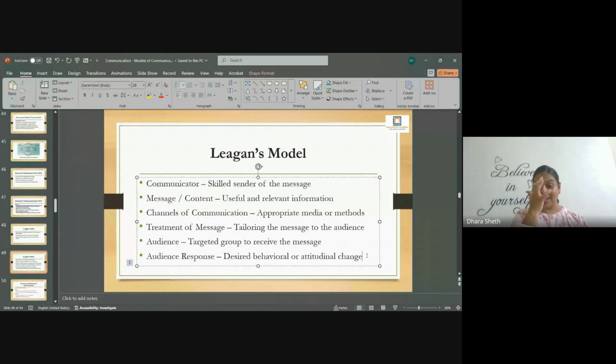All of these are transactional models where communication happens both ways. Let's say workshops could be considered as an example of this, because we are talking about adult education. So adult workshops, like this class is also an example of transactional model. If this was an offline workshop, then I would also be able to see the way you are responding, your non-verbal response, probably nodding your head or doing the thumbs up that way.